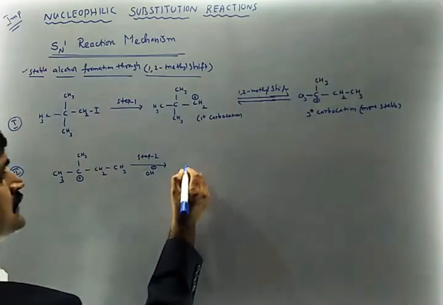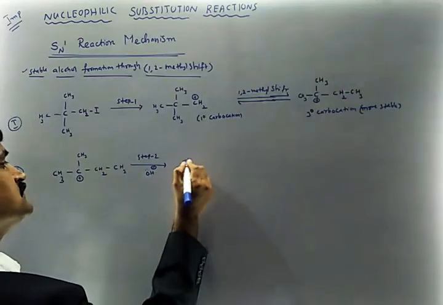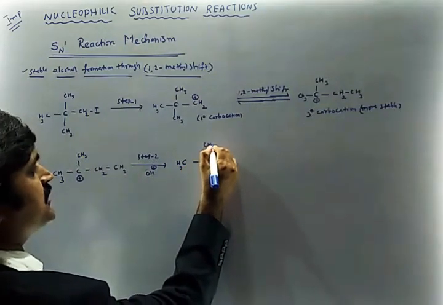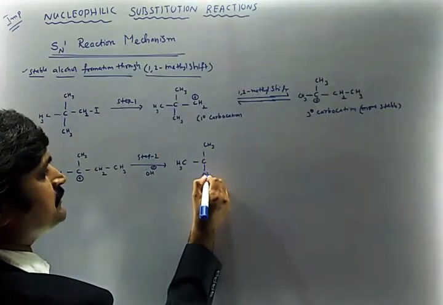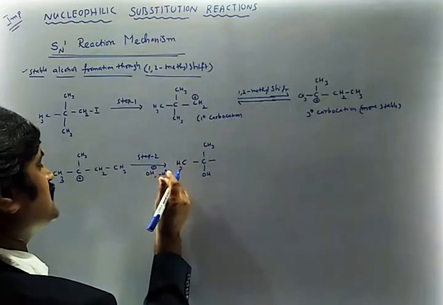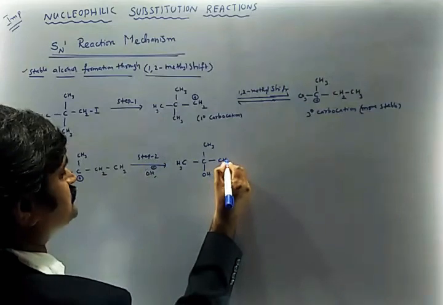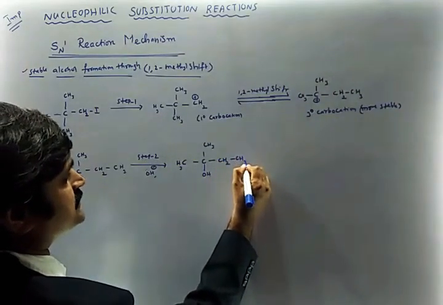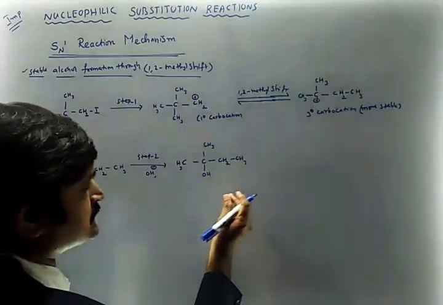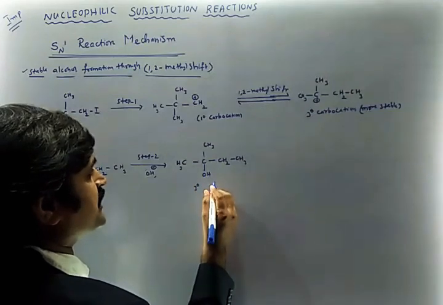Then we'll get the product. We have CH3 here, and this will become OH after the removal of H plus from water. This is CH2, this is CH3. With water, one more step will come. Finally we got a product, that is a tertiary alcohol.